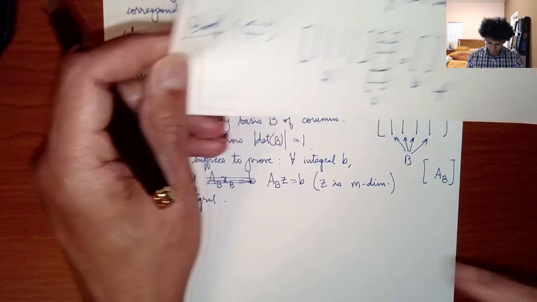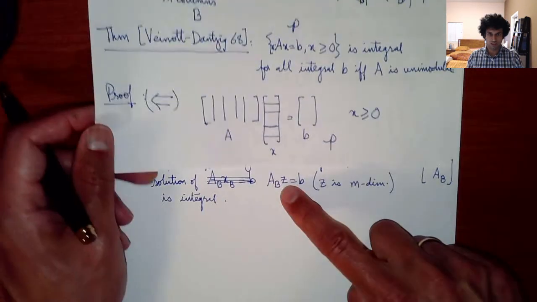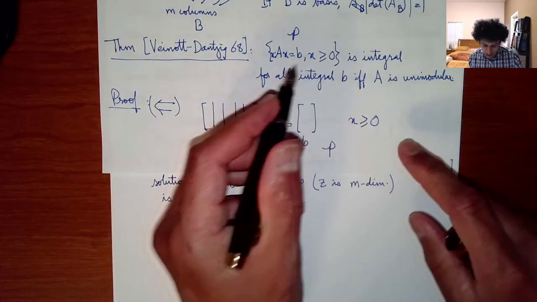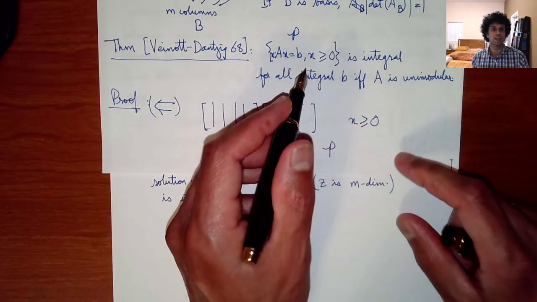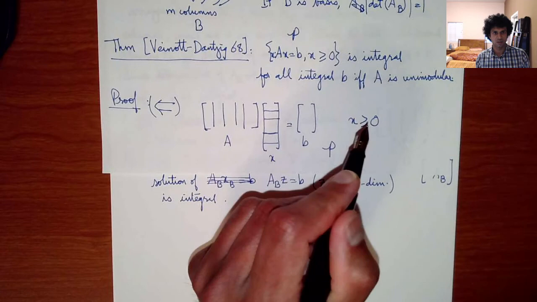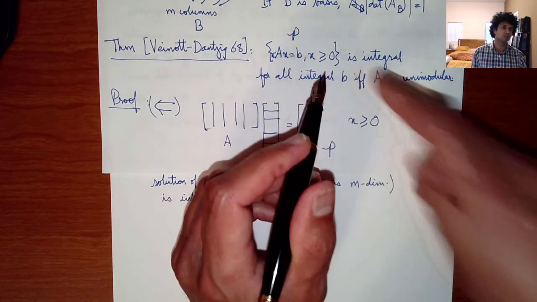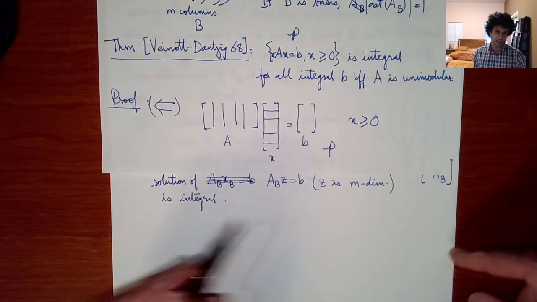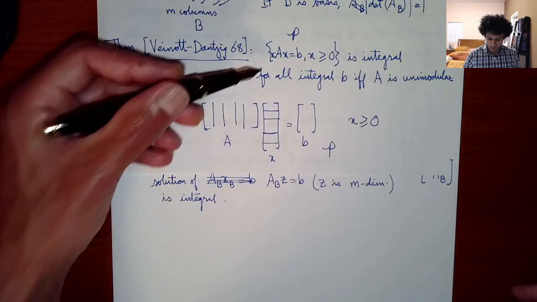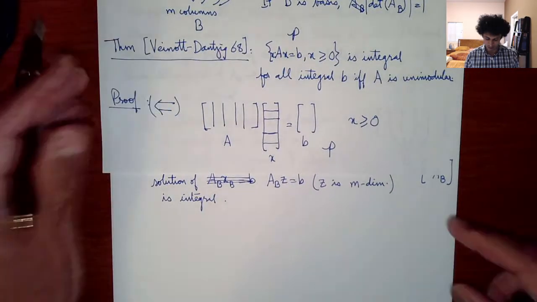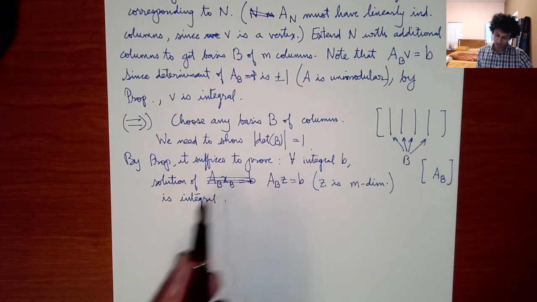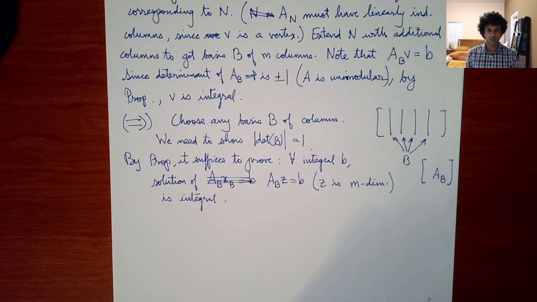A_B z equal to b is essentially going to be a vertex if z is greater than or equal to 0. And because the vertex of the polytope is integral, we will show that that value is integral. So we need to use the fact that the polytope is integral for all b. We need to show that the solution of A_B z equal to b is integral.